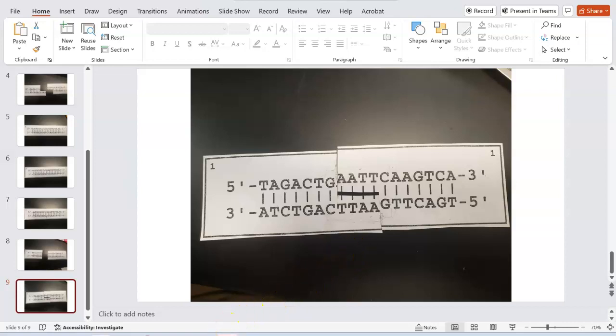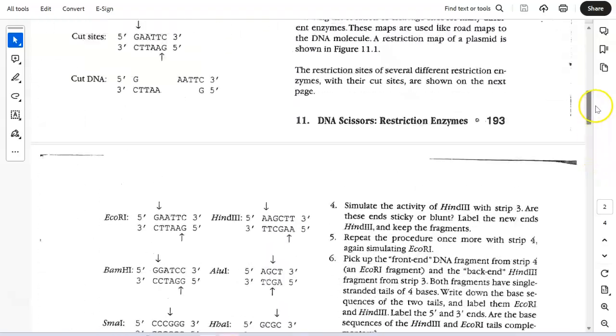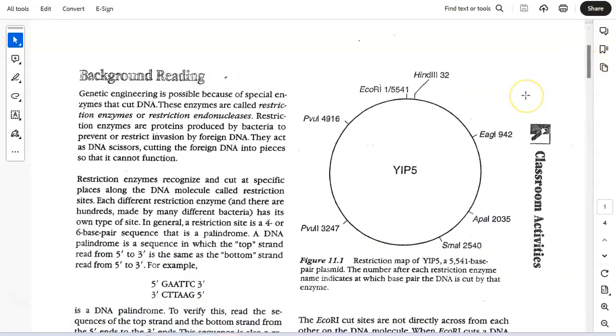Now let's look at the second part, exercise 2, which is asking you some questions about a plasmid. A plasmid is a piece of bacterial DNA that is in the form of a ring. It doesn't have two ends. It's just a continuous ring of double-stranded DNA.